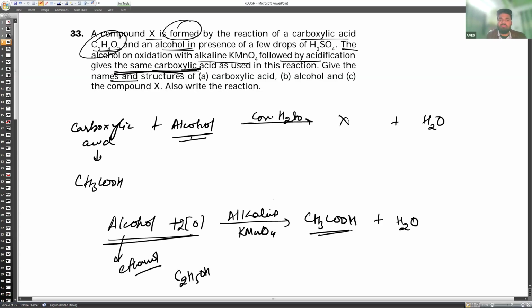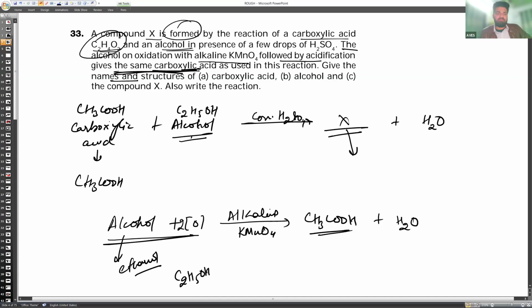If it is C2H5OH here and CH3COOH here, what is the name of this compound X that is going to form? Can you tell me the name of this compound? Ethyl ethanoate. Yes, it is ethyl ethanoate.